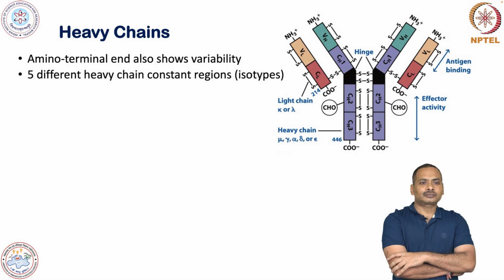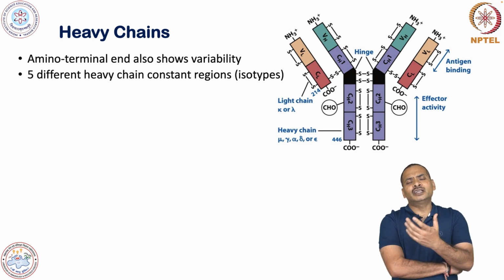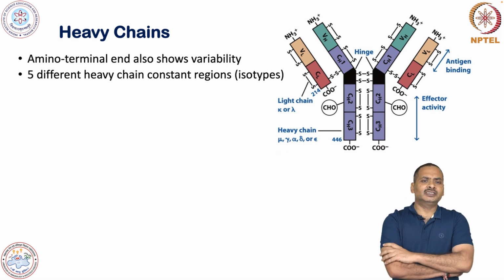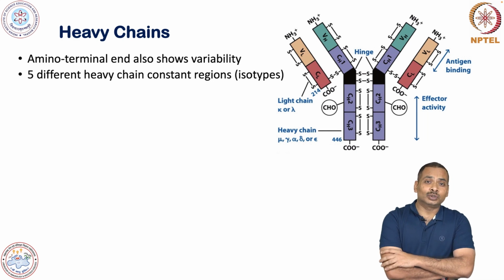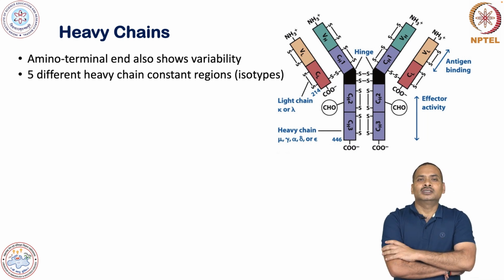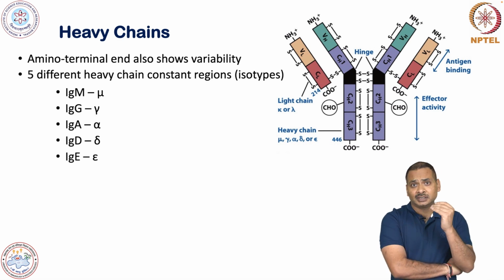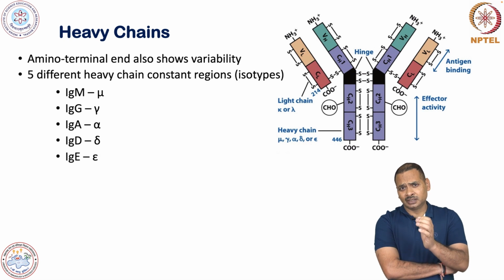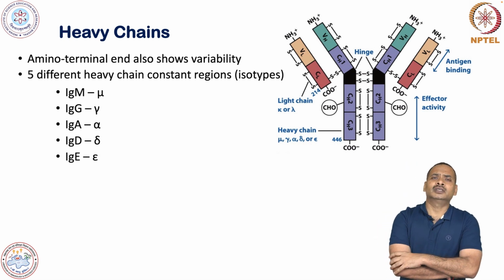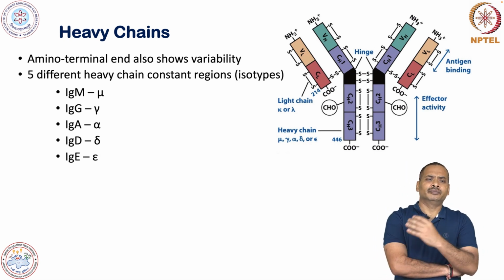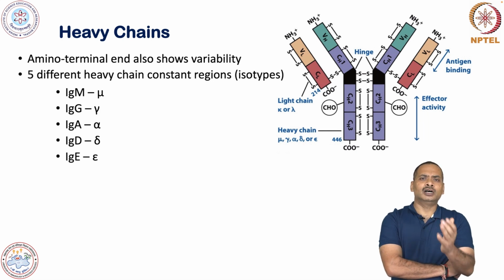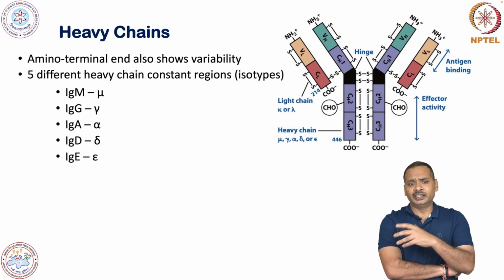Okay, and these 5 different types of heavy chain we call the isotype or subtype of antibody. These are the chains present in the heavy chains: mu, gamma, alpha, delta, and epsilon.